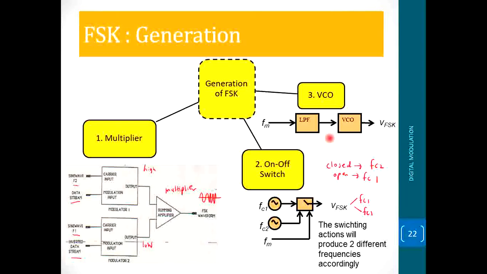For example, if voltage is zero, it produces one frequency. If voltage is maximum, which is 1, then a different frequency will be generated.